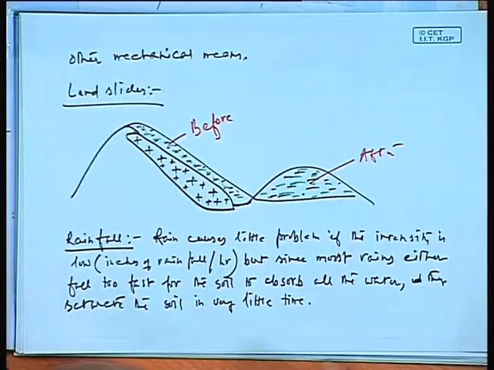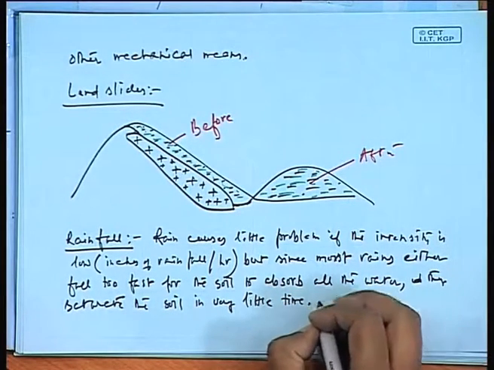Rain causes little problem if the intensity is low, inches of rainfall per hour. That is how we generally discuss intensity. But since most rains either fall too fast for the soil to absorb all the water, they saturate the soil in very little time.